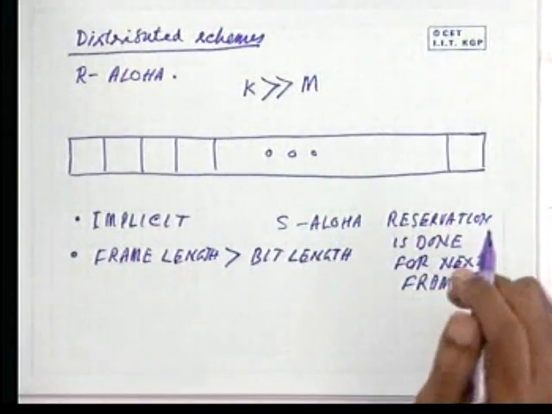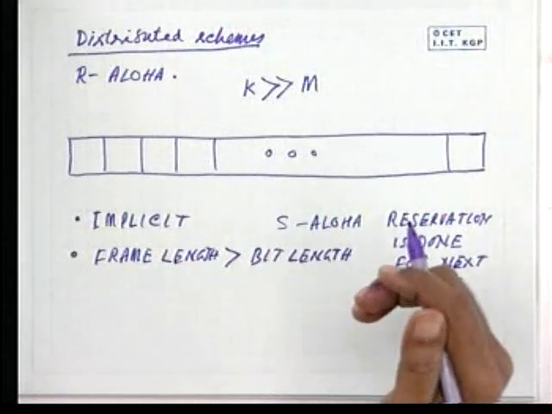Why is this necessary? Because after monitoring the present frame, the stations decide what to do for the next frame, whether a collision occurred or a successful reservation or successful transmission was possible, and depending on that, the decision is taken. So stations must know what happened in the most recent frame, and accordingly the decision is taken for the next frame.